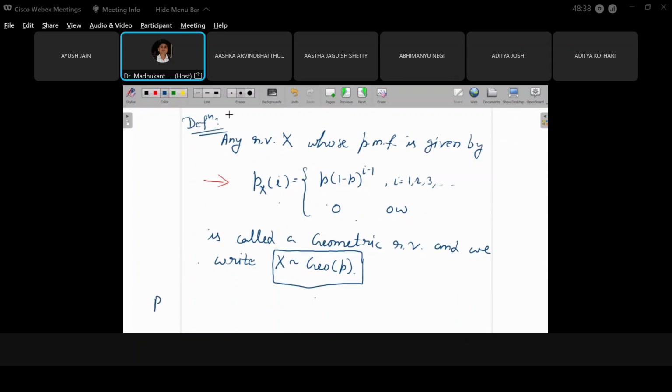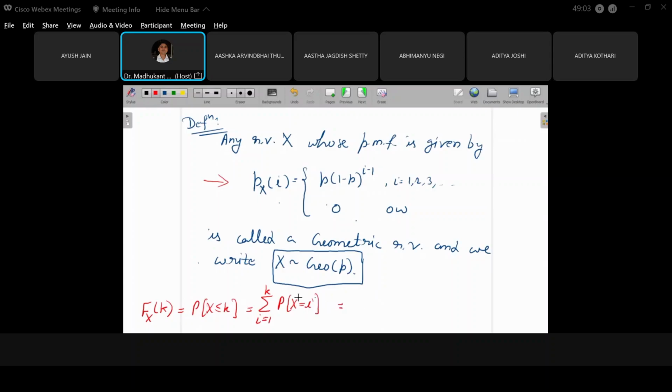Probability, if I write here, you have F_X of k is equal to probability that X less than or equal to k, and that's equal to summation i equals 1 to k of probability that X equals i, and it's very simple.